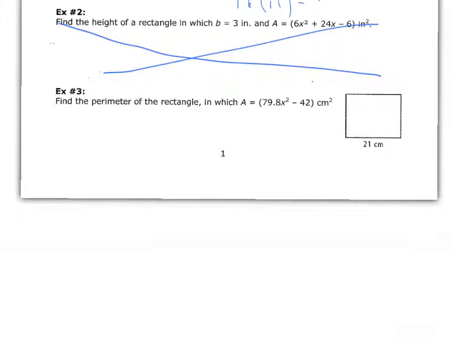Okay, so to find the perimeter of this rectangle, we either need to find this height or that height. It doesn't matter. They're the same exact thing. We just basically need to find the height. So your area formula is area equals base times height, and we need to find height. We have the base and we have the area. We're going to plug those in.